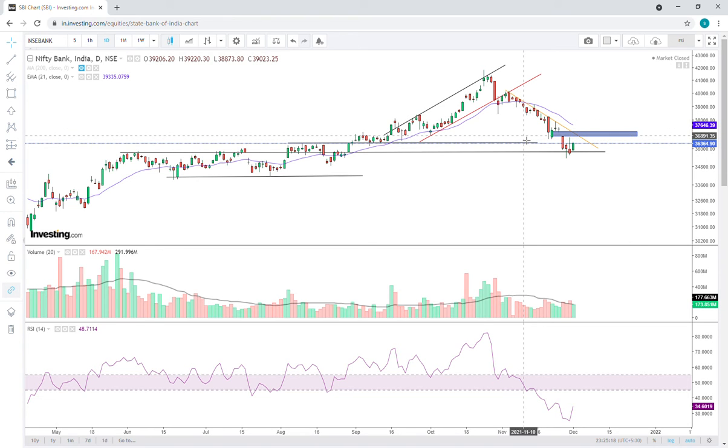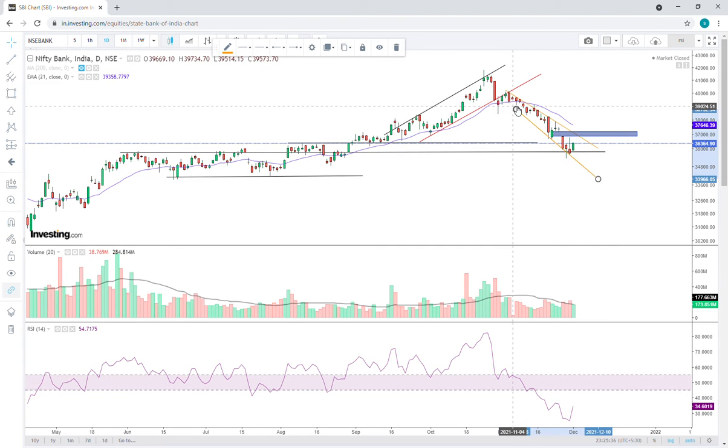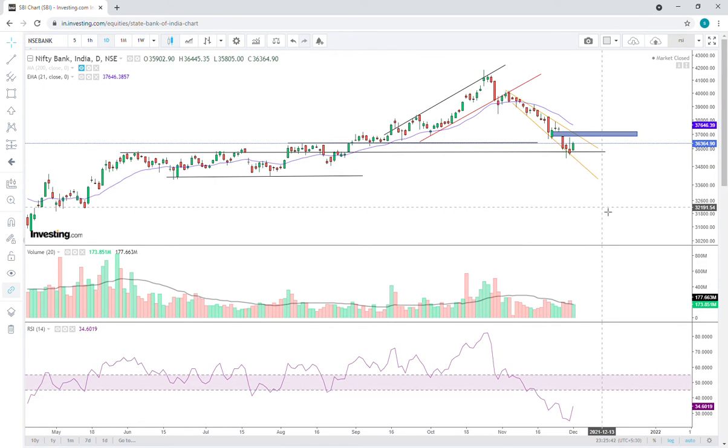If after touching it, it starts coming into the downtrend and breaks the value of 480 to 380, then again it's a downtrend. So Bank Nifty is still under the bearish channel. There is not much room on the upside.